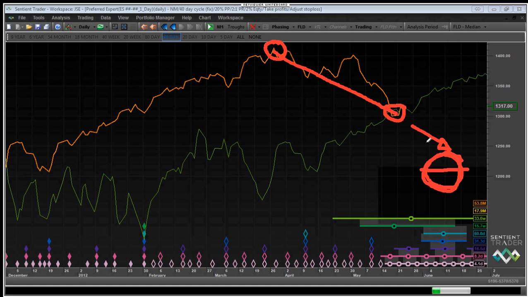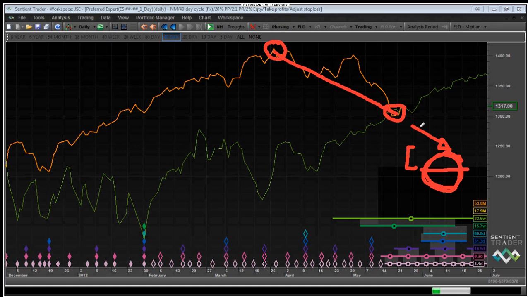Now, as I mentioned in ST Outlook, and I won't go into too many details, but for various reasons, I think that price projection might be a little exaggerated, and therefore we don't expect price to go all the way down to 12.10. But I still expect price to go down to between 12.50 and 12.10, somewhere in that sort of range.